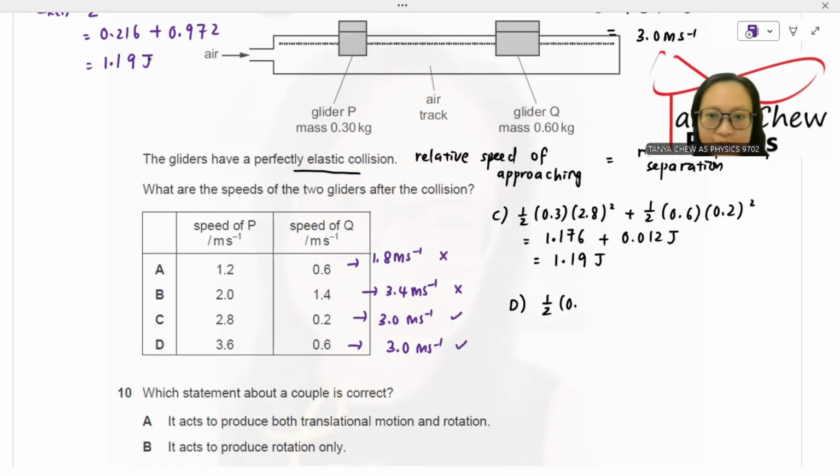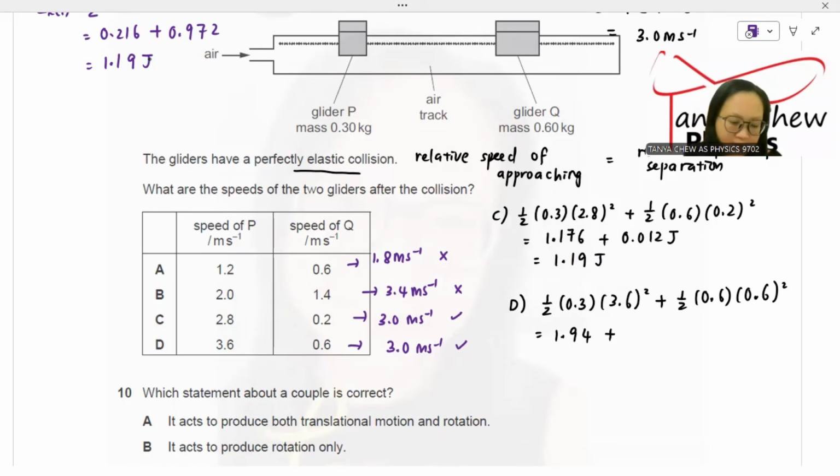And I just wanted to prove that D is wrong. Half the mass of P is 0.3 times 3.6 squared, plus half 0.6 times 0.6 squared. 3.6 squared times 0.3 times half, I got 1.94, plus 0.6 squared times 0.6 times half, I got 0.108.